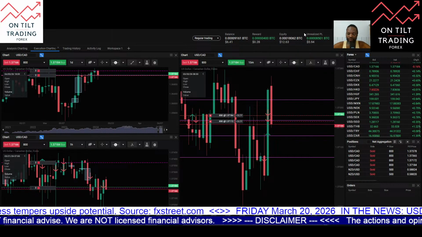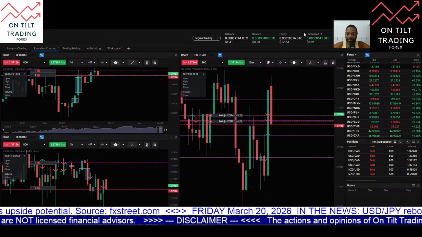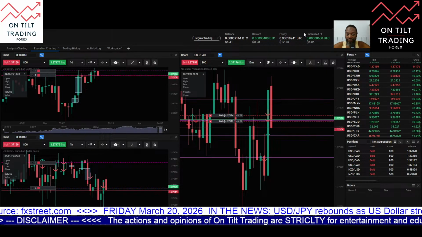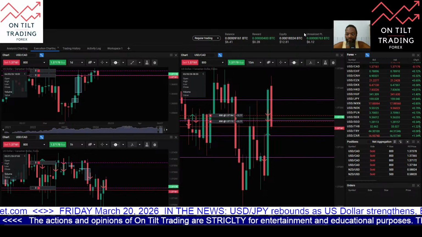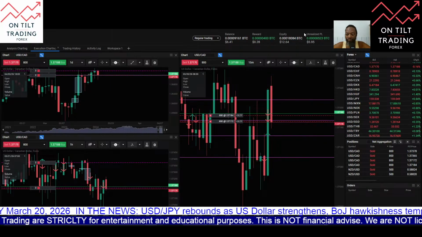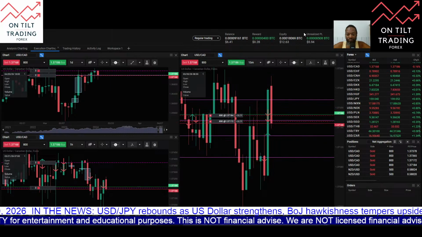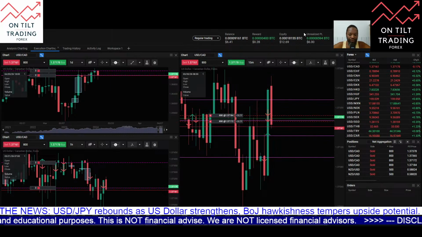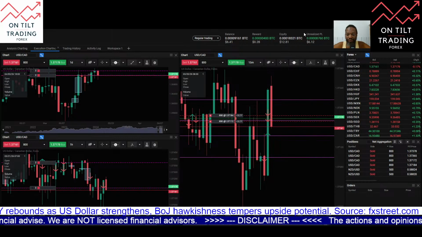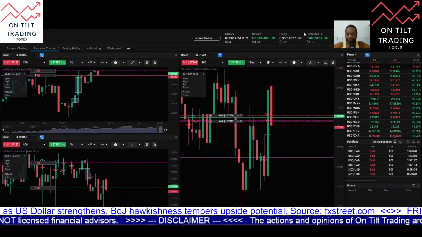Putting in a new low here on this 15-minute candle, 137.159, 158. So still about 10 minutes remaining in this 15-minute candle, so there's potential for more sell side delivery, 157.